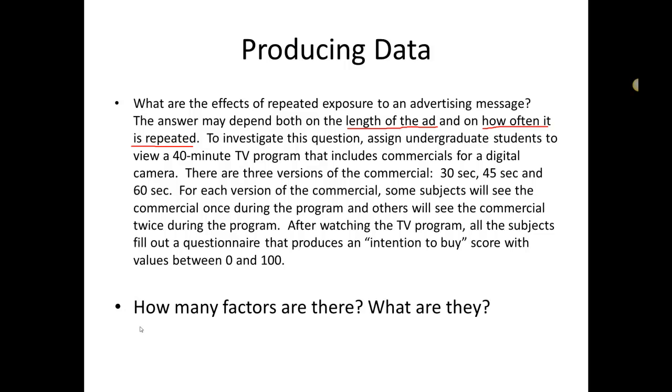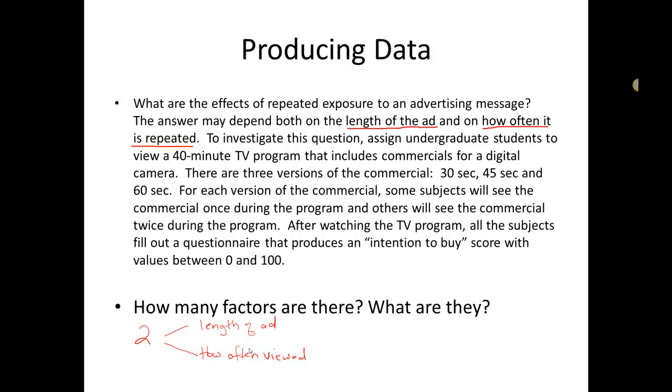So when we talk about how many factors there are, there's 2. The 2 factors are length of the ad and how often the ad is viewed. Now, these are the variables that we're looking at.